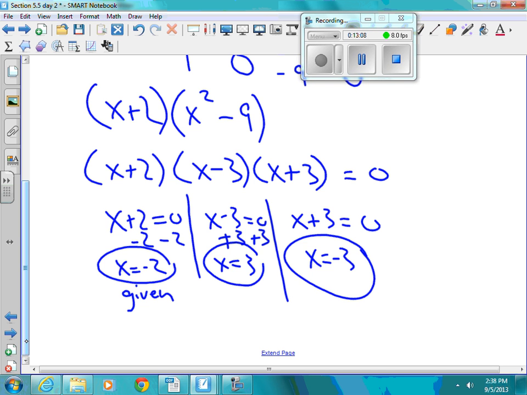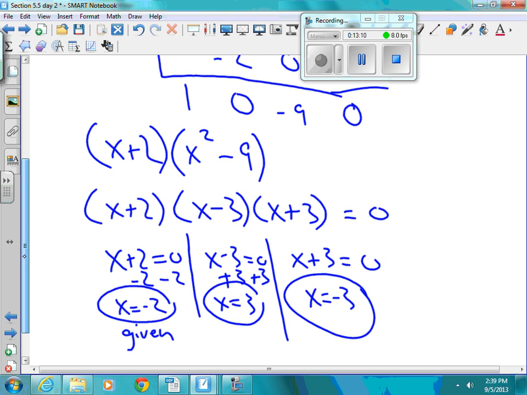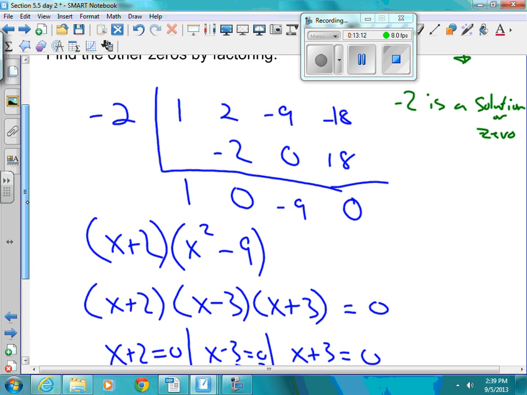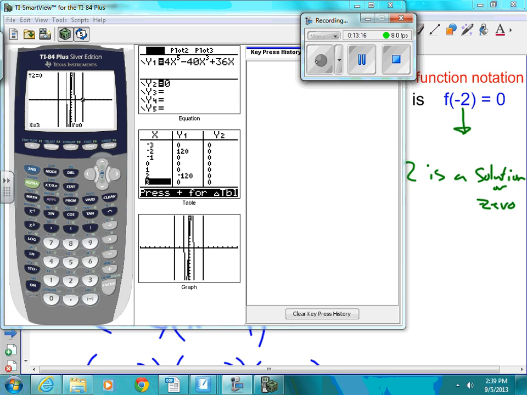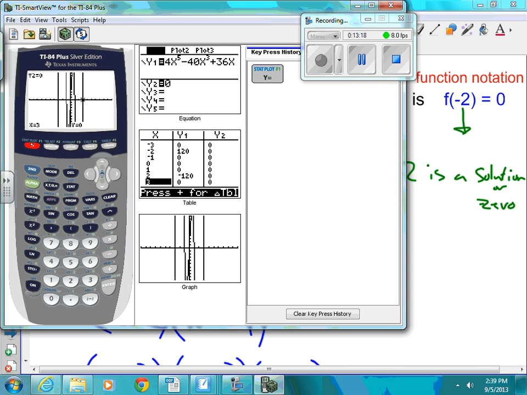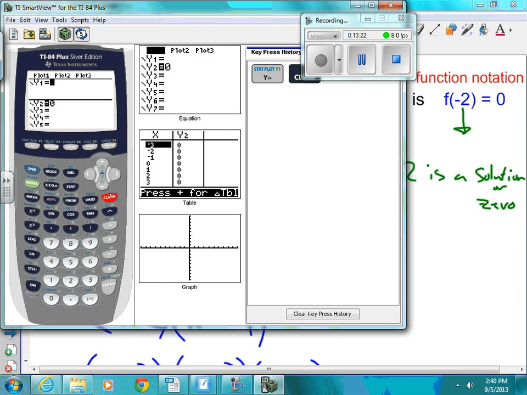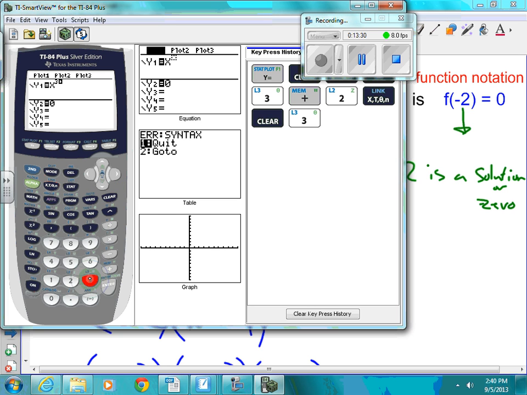How can we make sure that what we did algebraically is correct? Well, you can check this using your graphing calculator. Okay, so you get your calculator out. We're going to plug in the original equation, which was x to the third power plus 2x squared minus 9x minus 18.